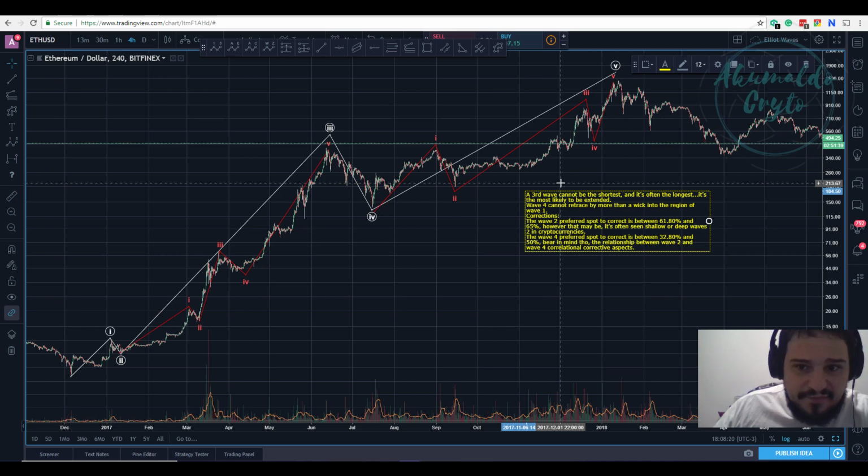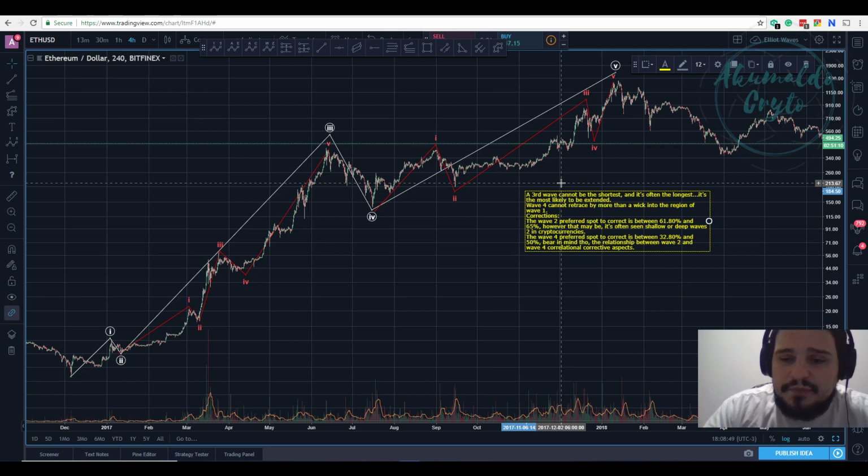We have plenty of things to add, plenty of caveats, different anomalies. I don't like to use this word, but we need to be really open to different possibilities when using Elliott Waves. Okay, we need to be constantly changing our counts.